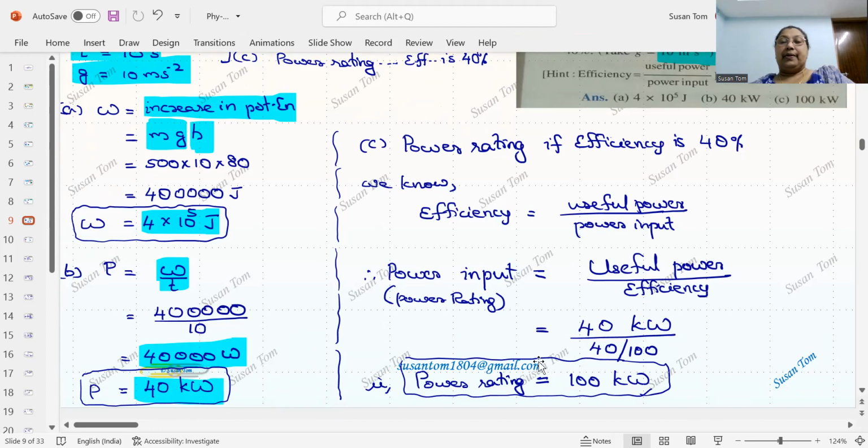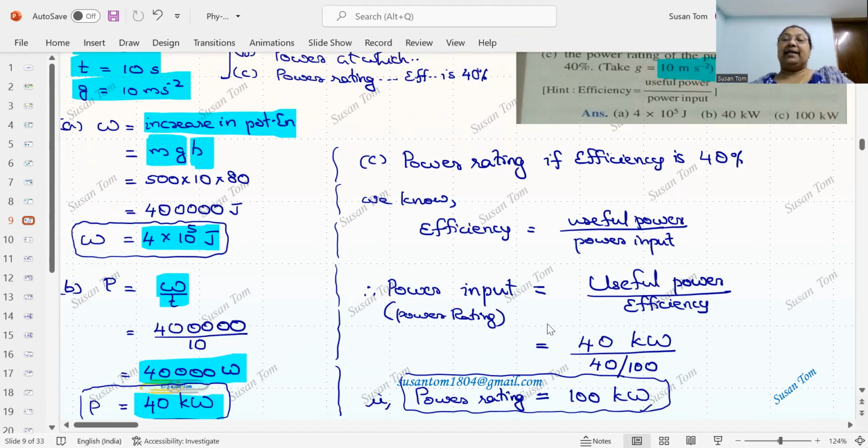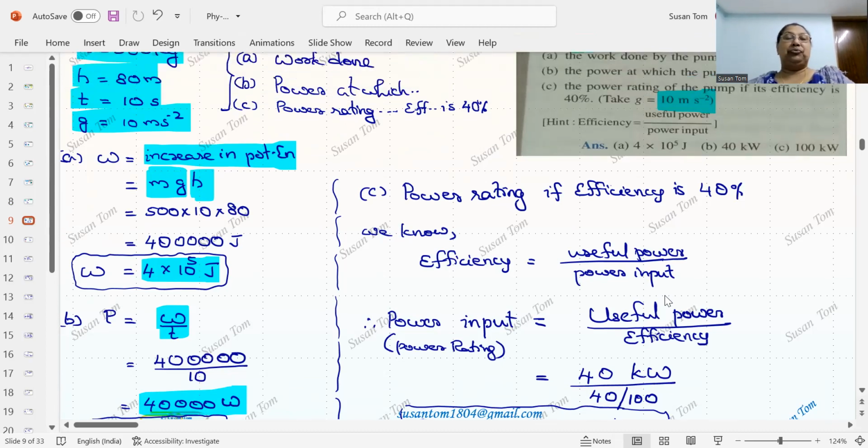Okay, coming to the third part, which is slightly different and new for you. The power rating of the pump if its efficiency is 40%. In one of the previous questions, we did efficiency 100%. So what was the power input?